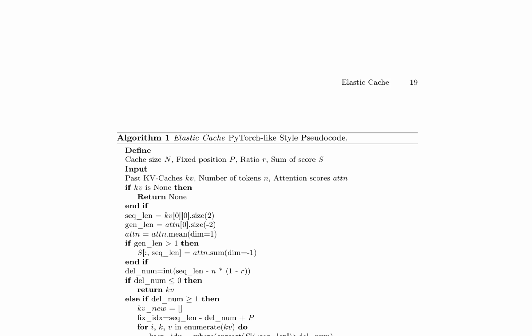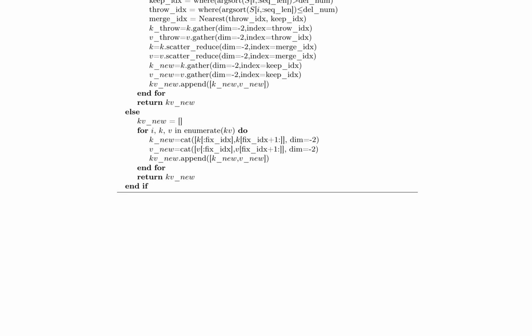The update process involves computing the fixed index fix_idx, iterating over the KV cache, and computing the keep_idx and throw_idx based on the sorted attention scores. The merge_idx is computed as the nearest index to the throw_idx in the keep_idx. The key and value tensors are then updated by gathering and scattering the indices, and the updated KV cache is appended to the KV_new list.